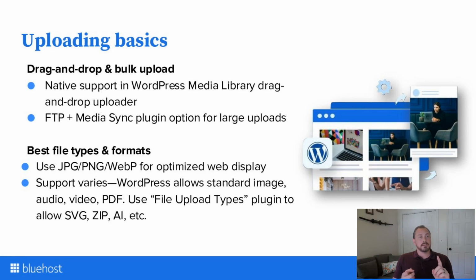If you've got an audio file or a video or a PDF or a Word doc or a number of other file types, a lot of those are supported out of the box by WordPress, but there are some that are not. SVG is one of those, mainly for security reasons. Most plugins that allow you to enable SVG will do what we call sanitization, or cleaning up of potential issues with those file types.